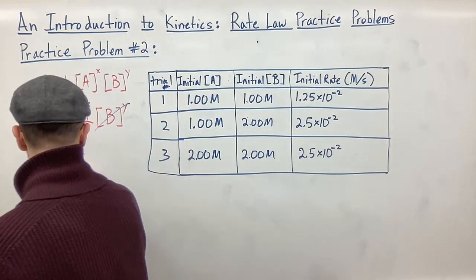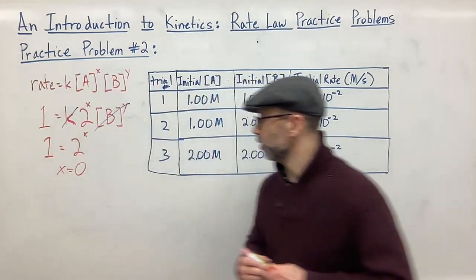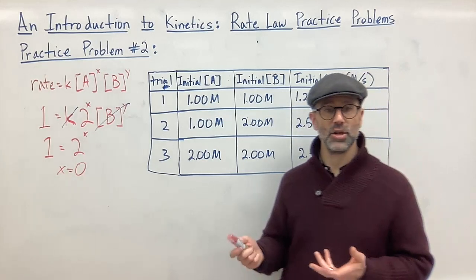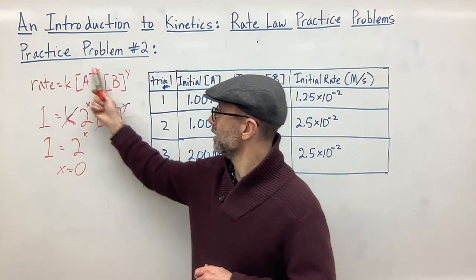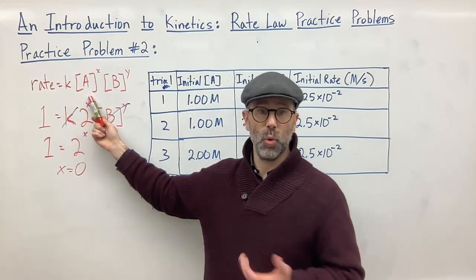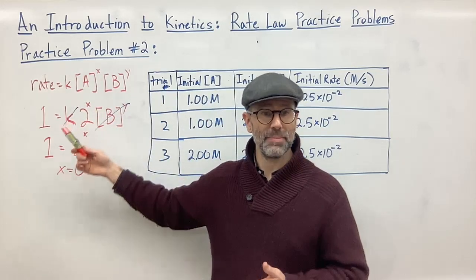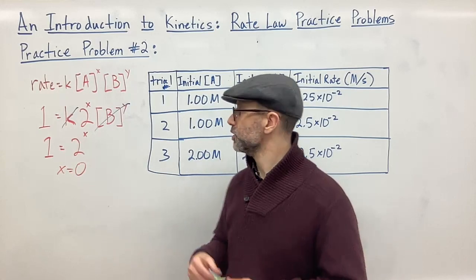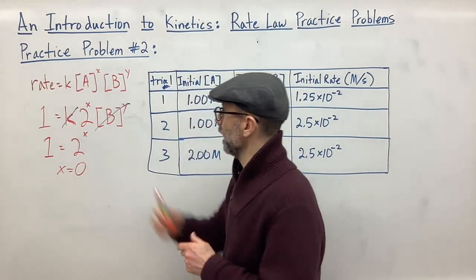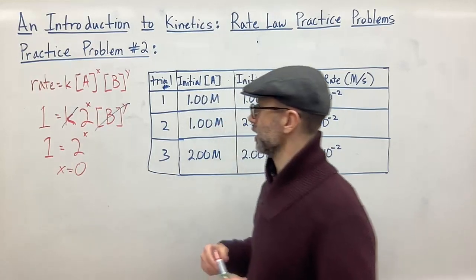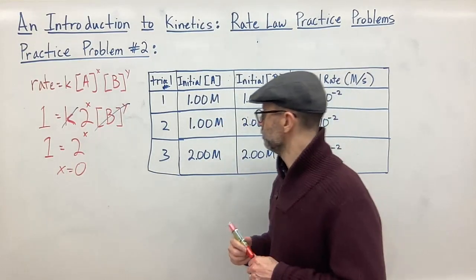So if x is equal to 0, this whole thing is 1, and so it's not part of the rate. We're not going to have that in our final rate expression.